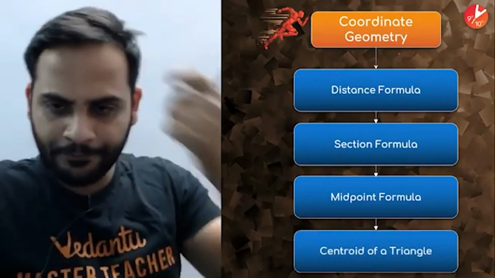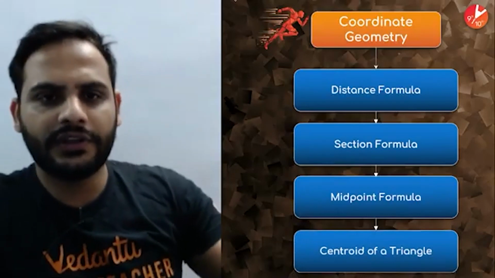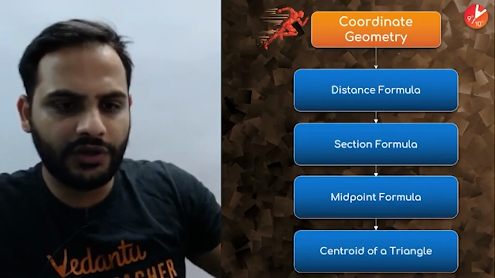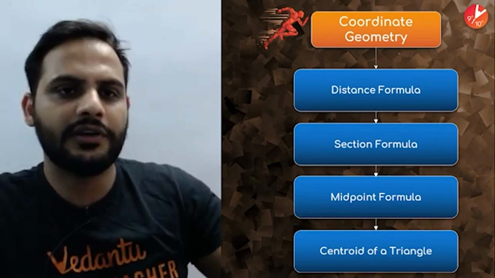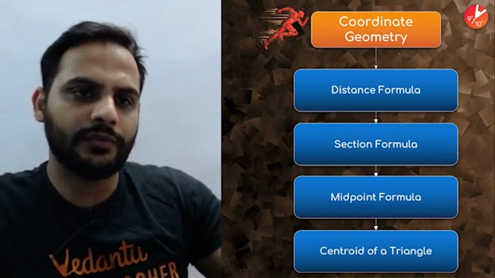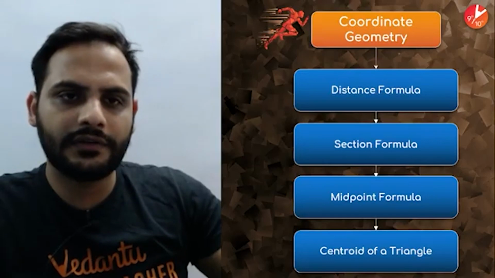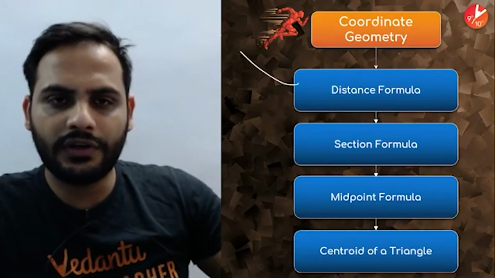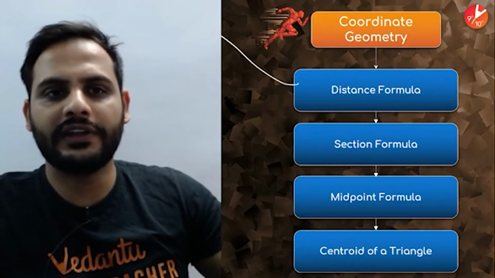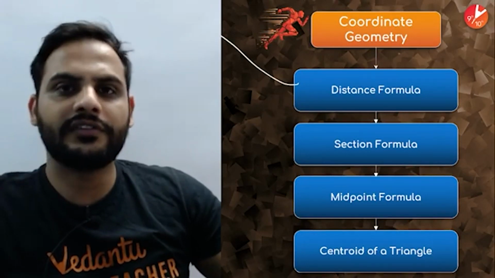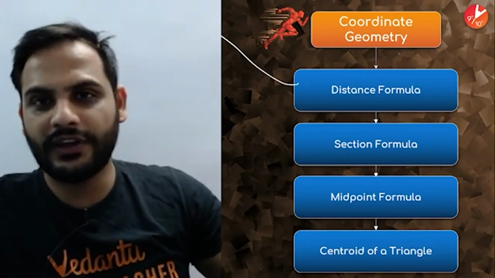So distance formula, as all of you know, is nothing but square root of x2 minus x1 whole square plus y2 minus y1 whole square. This is your distance formula when the distance between point x1 y1 and x2 y2 is asked.